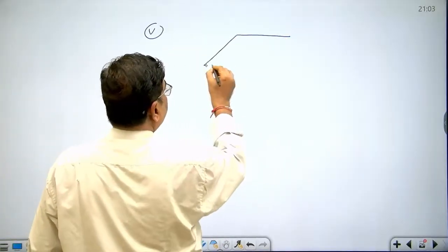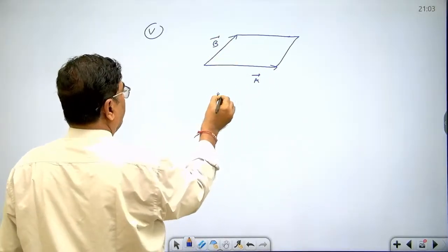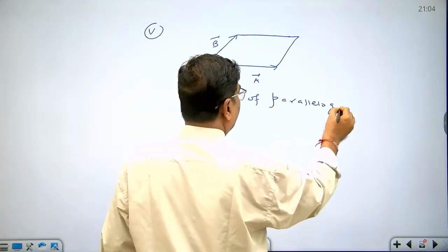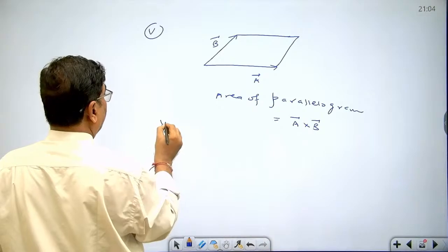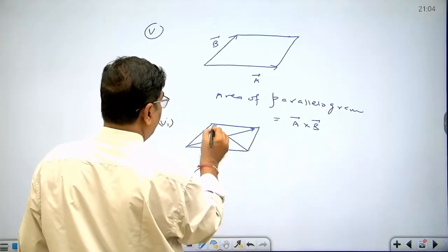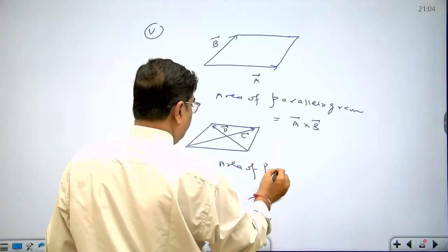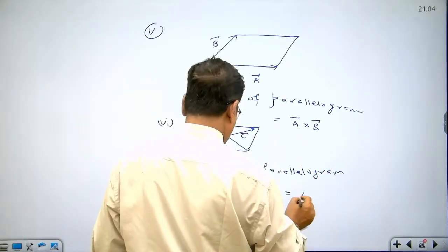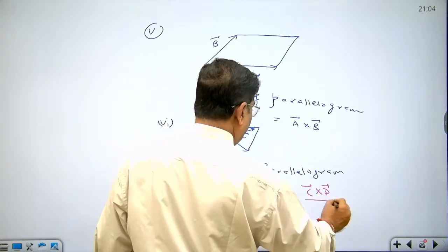Suppose this is a parallelogram whose adjacent sides are represented by two vectors A and B. Then the area of the parallelogram can be written as A cross B. In case the diagonals are given, suppose this is vector C and this is vector D, then the area of the parallelogram in this case is equal to C cross D divided by 2.